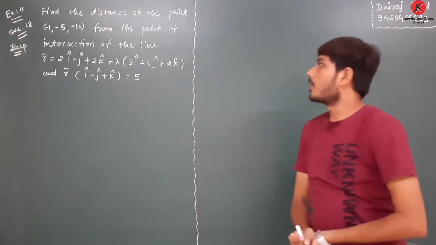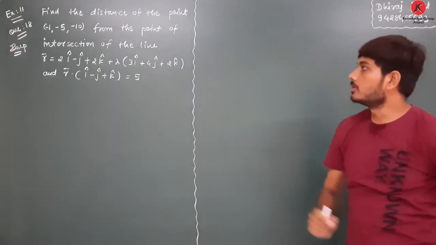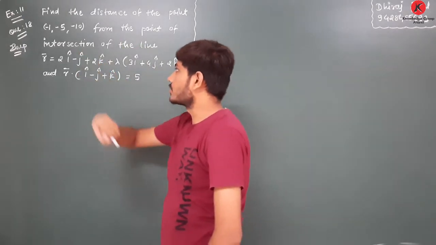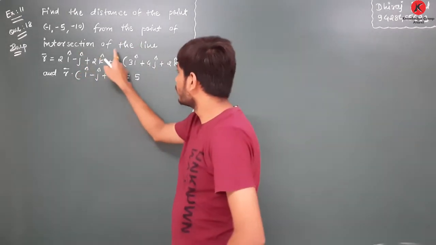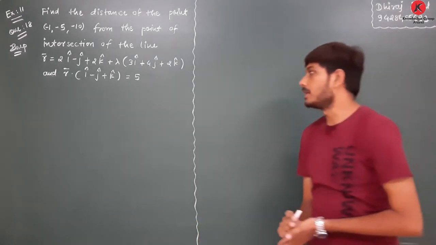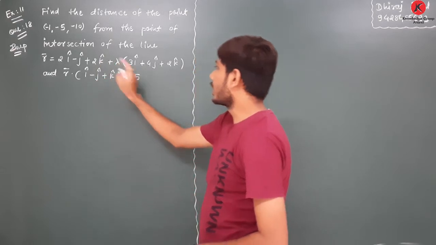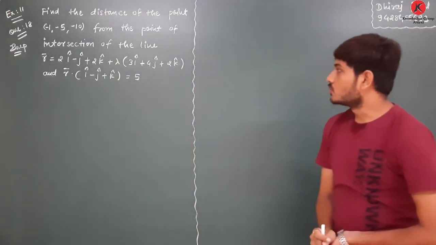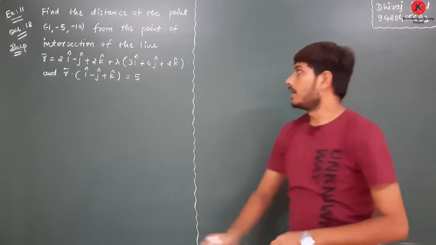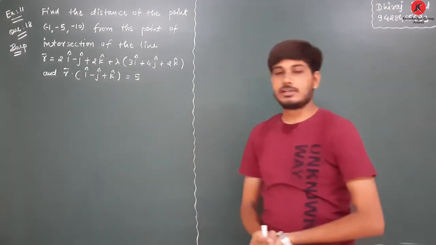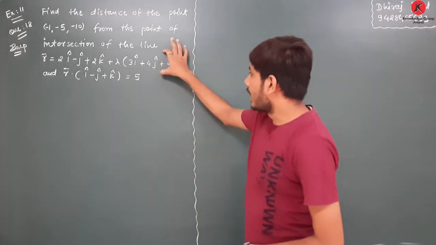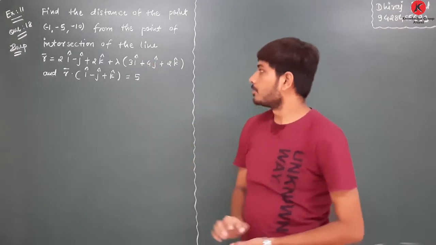Find the distance of the point (-1, -5, -10) from the point of intersection of the line r bar equals 2i cap minus j cap plus 2k cap plus lambda into (3i cap plus 4j cap plus 2k cap) and r bar dot (i cap minus j cap plus k cap) equals 5. This is the line and this is the plane.